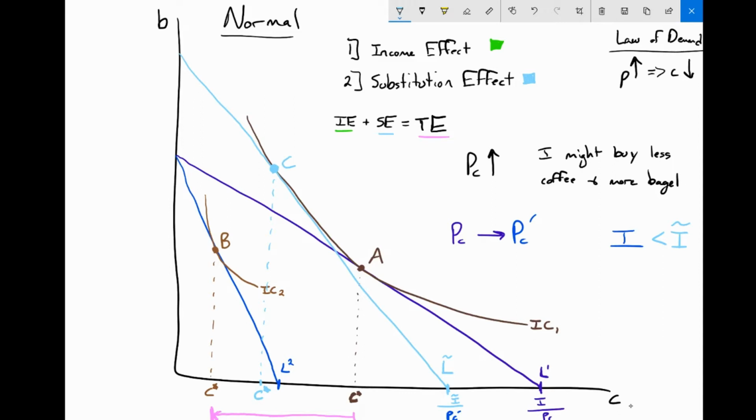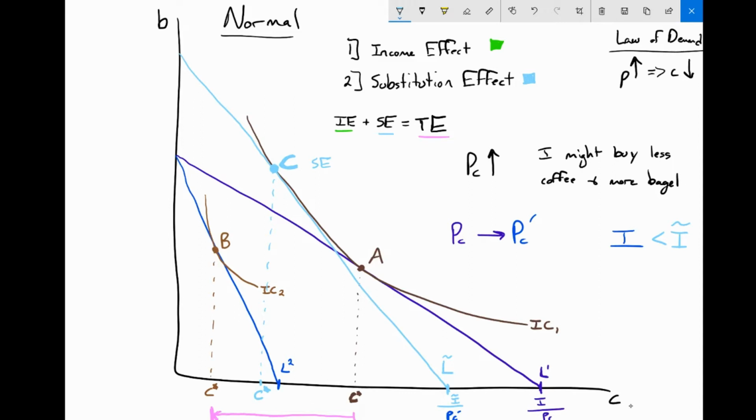That means there's only a substitution effect. That means if I look at the bundle that I've illustrated here with this light blue line, this bundle C, this is going to show me the pure substitution effect, because they have been given enough income to compensate them. And so there is no income effect.